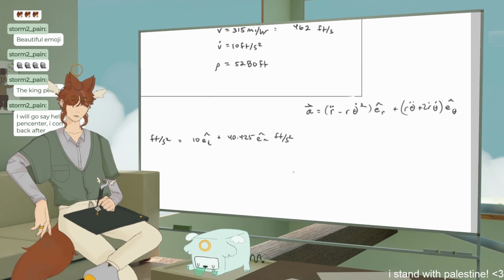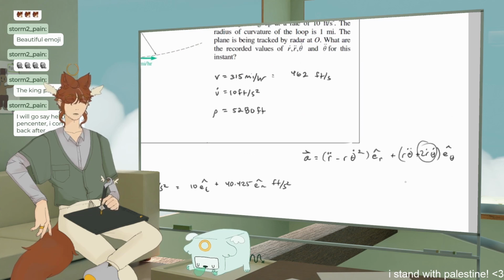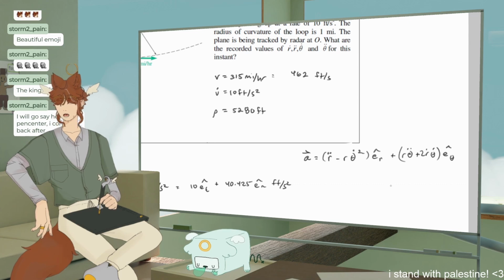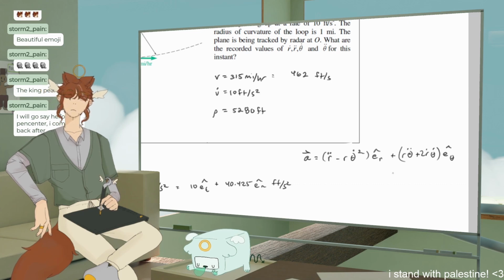If we want to find r dot, we can set this equal, all that good stuff. I think we just have to project them onto the... I think I'm just being a silly Billy.